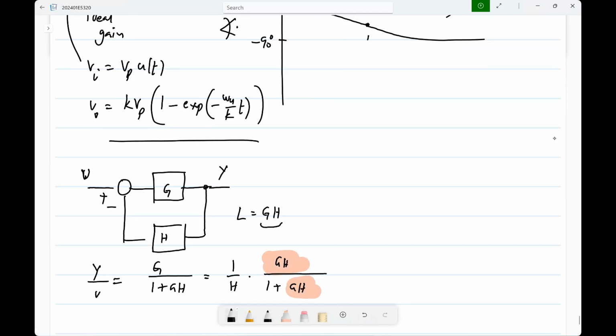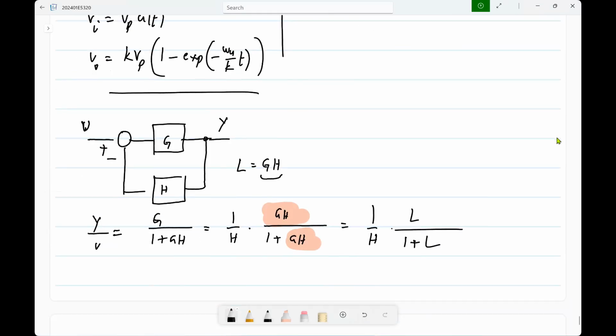So if you look at this, you have 1 by H, L by 1 plus L. I could keep GH also, but typically we don't, so I won't do that. Now, when the magnitude of L is much more than 1, how do you approximate this?